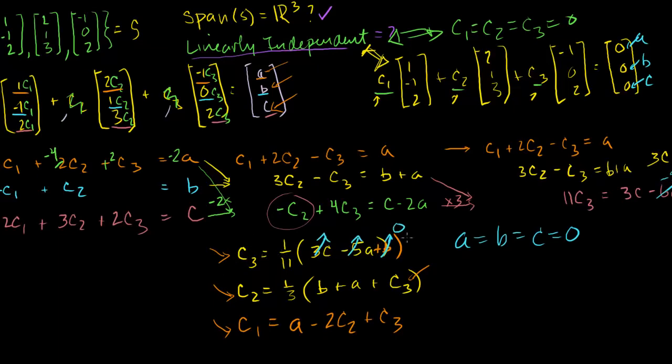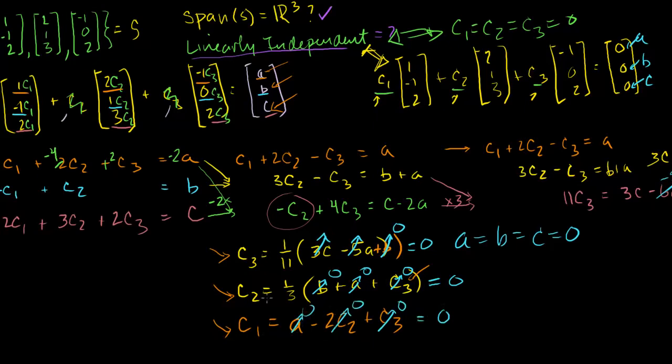That's just 0. So C3 is equal to 0. We already know that A is equal to 0 and B is equal to 0. C2 is 1/3 times 0, so it equals 0. Now, what's C1? Well, C3 is 0, C2 is 0, so 2 times 0 is 0. So C1 is just going to be equal to A, which, as I just said, is equal to 0.